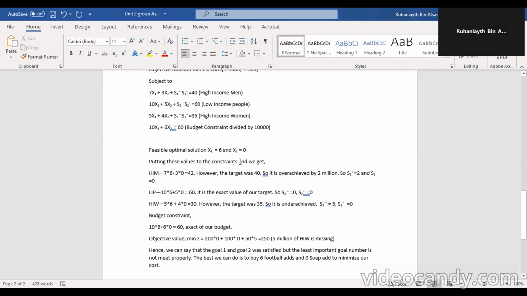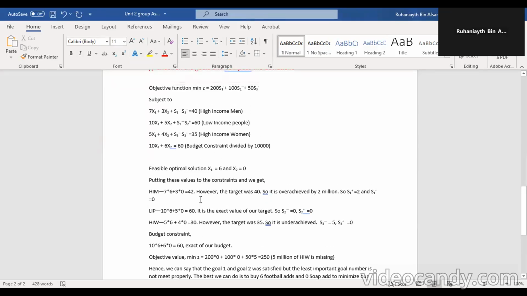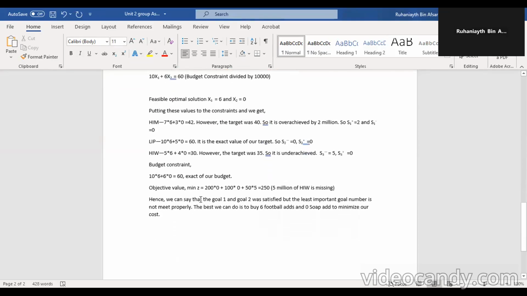So then we checked all the constraints by putting the values of x1 and x2 in those constraints, and we get the deviation values from there. And after finding the deviations, we put the deviation values in our objective function, which is to minimize all the goals.